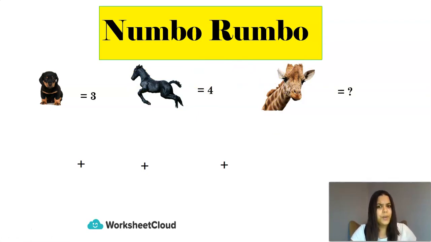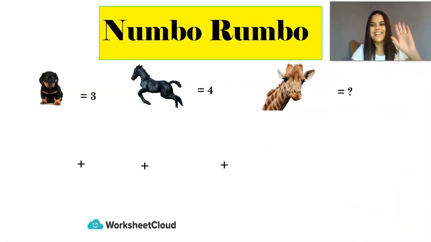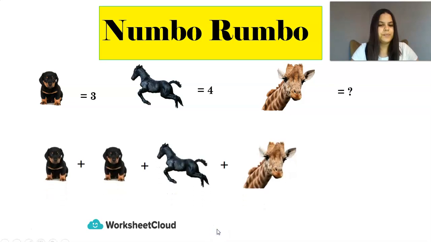Okay, so now we can kind of have an idea of where this number game is going. Alright, so before I get in your way, I'm going to move myself up over here. I'm still here, grade 3. Okay, so I have 2 puppies, a horse, and a giraffe.